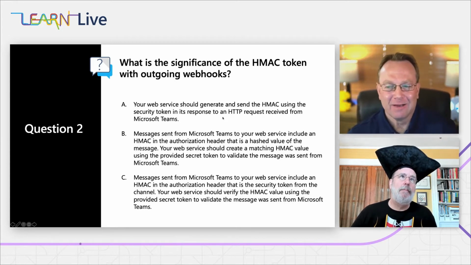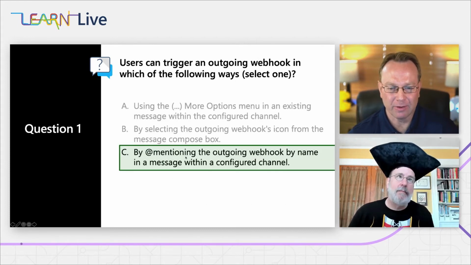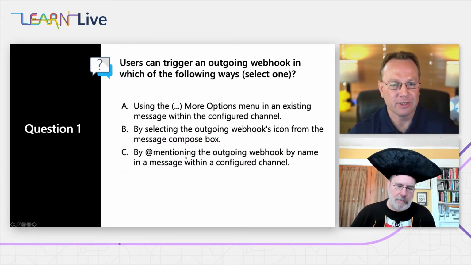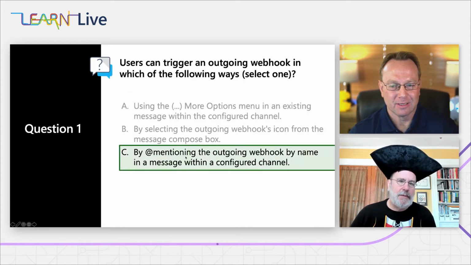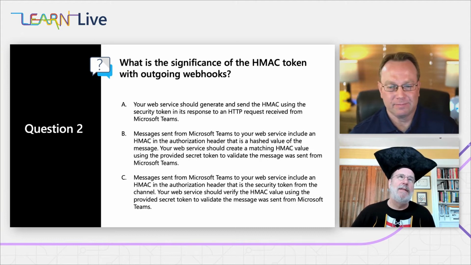First off, use the security token in the response? No, we're not doing that. This is tricky. Message is sent, really similar. Okay, in the authorization header. I accidentally jumped it, my bad, sorry. Let's go back. There we go. A little bit of a tell. Give some people a chance not to walk the plank.